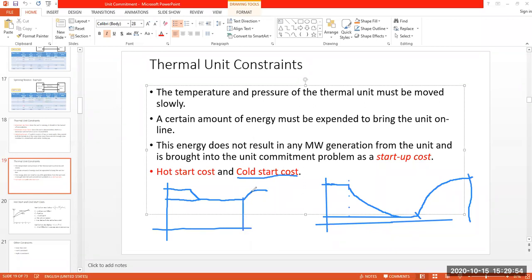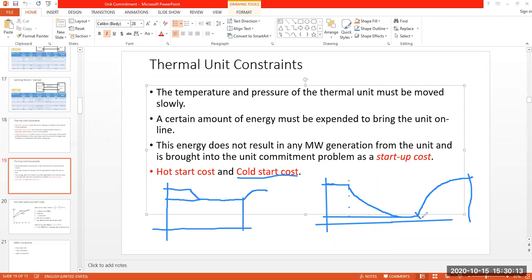This is hot start cost. That means you are starting your unit from a hot boiler, not this cooled down boiler. Rather, you are starting it from some hot status. So you can say this is the hot status for the boiler. This is the cool status for the boiler.